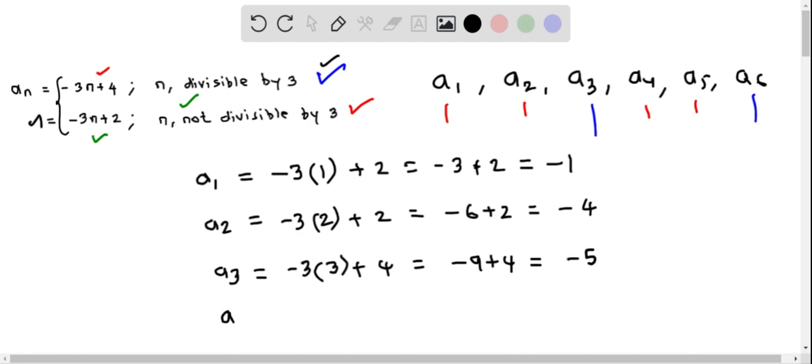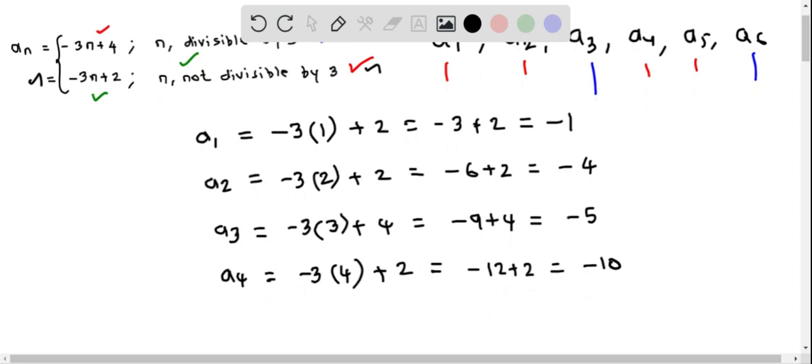Now let's find a4. Here n is not divisible by 3, so we have to utilize the second formula. So therefore I write down this as negative 3 times, replacing n by 4, this becomes 4 plus 2. So therefore this gives negative 12 plus 2 equals negative 10.